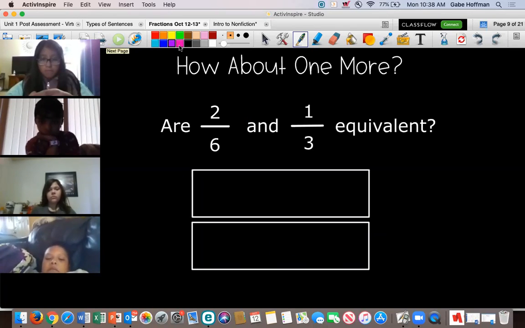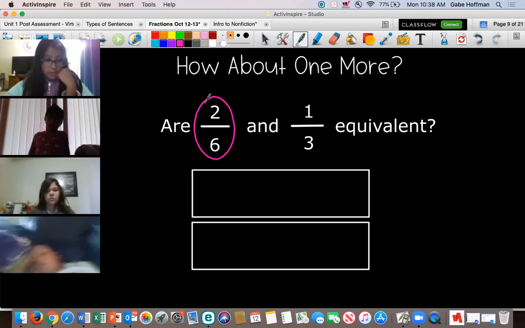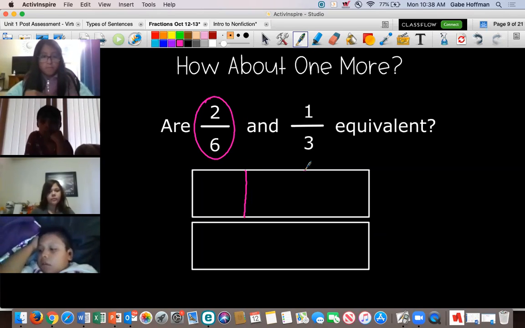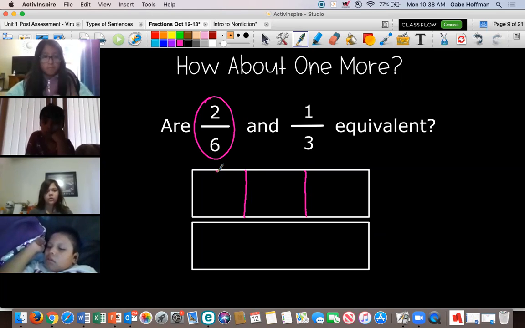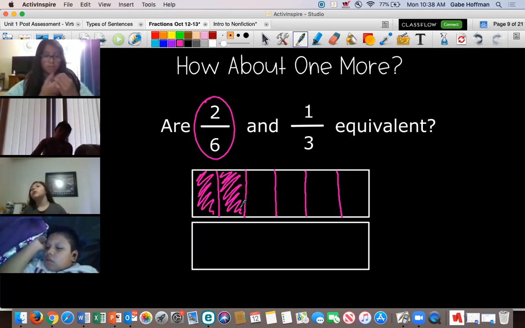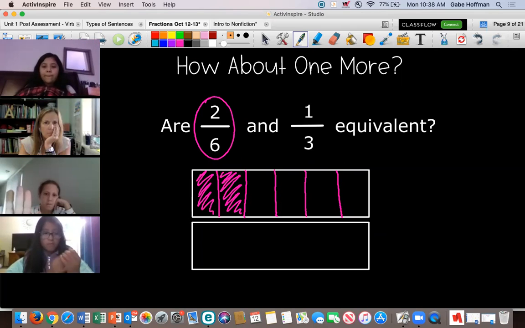Cynthia, how many parts am I gonna divide up my first rectangle into for 2/6? 6. And then how many am I gonna shade in? 2. Yep. And Guadalupe, how many equal parts am I gonna divide my second rectangle into? 3.